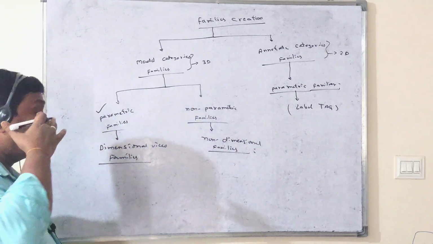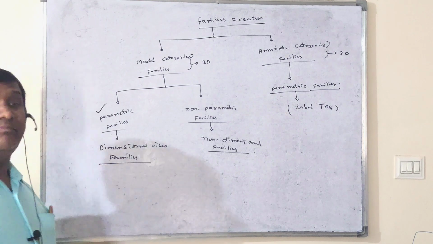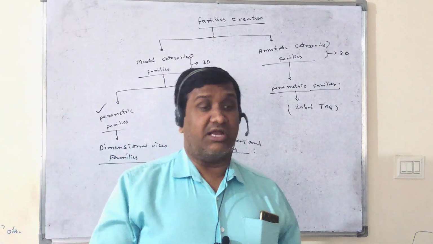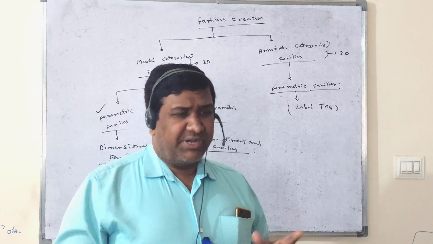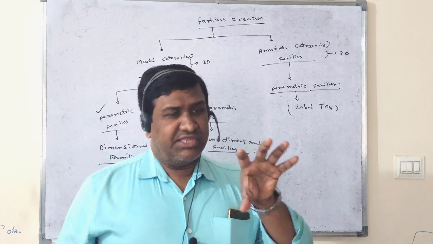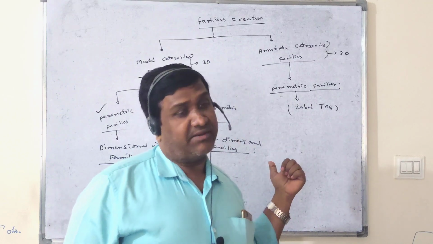Okay, so always remember, when you work on any project, we have to create parametric families only. Non-parametric is not required. In some projects, for temporary purposes, they just want to see the model, that's all. At that time we go with a non-parametric family.